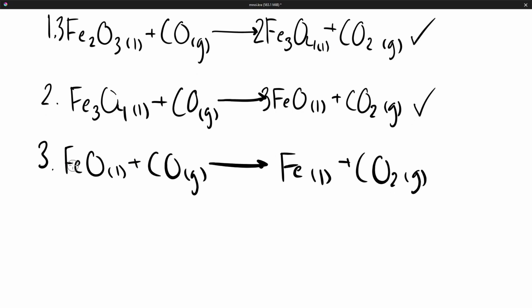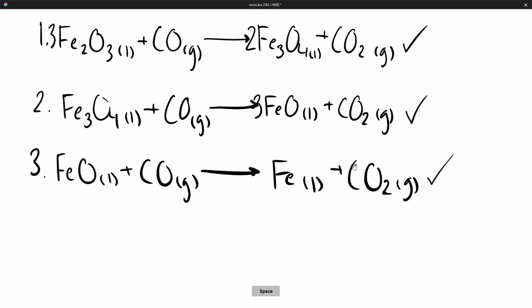And here there's 1 iron, 1 iron, 2 oxygens, 2 oxygens, 1 carbon, 1 carbon. So that's good too. But now we want to combine these to make an overall equation, which means whatever's on the opposite side of these is going to be canceled out.